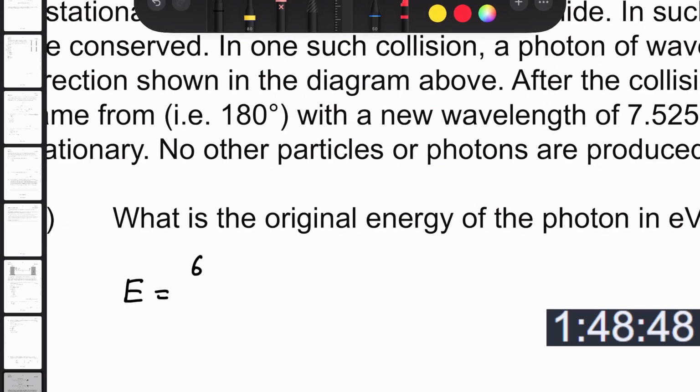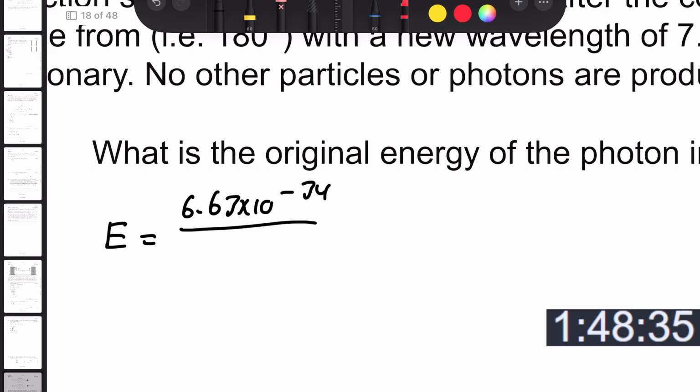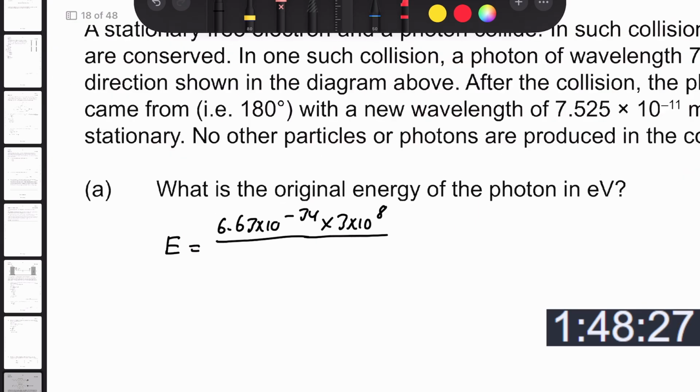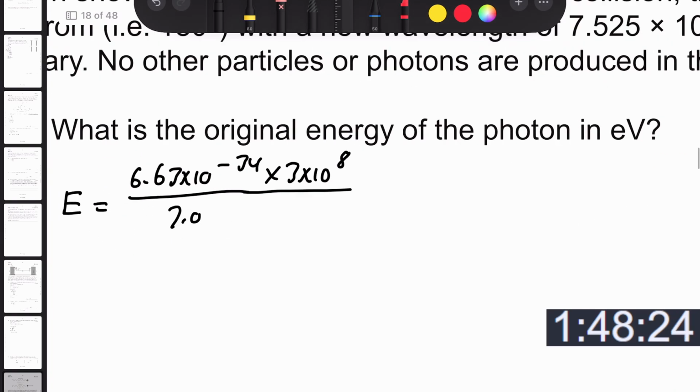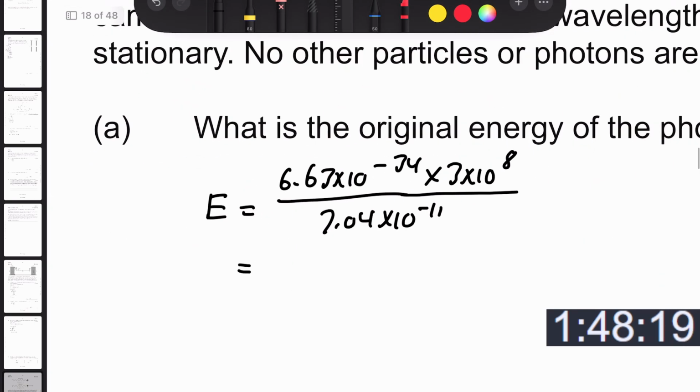So we'll say E equals 6.63 times 10 to the negative 34 over, C over lambda, so times 3 times 10 to the 8 over lambda, which is 7.04 times 10 to the negative 11.